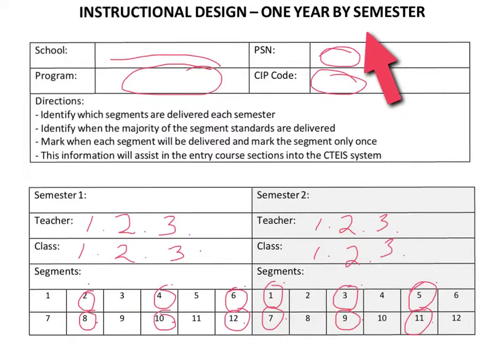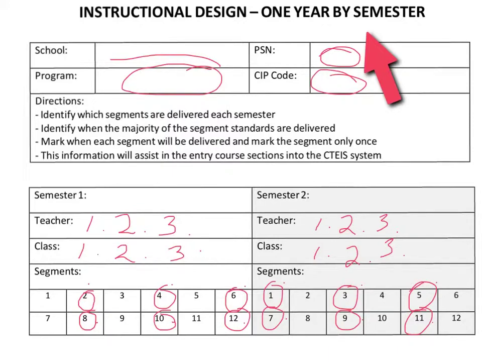It's also very important to have your teachers sign that sheet, because the Office of Career and Technical Education is looking for verification that the teacher agrees with what is on that sheet, and that is the sheet that the person who puts your data into the CTE information system, CTEIS, has used to upload all of the data that it needs.